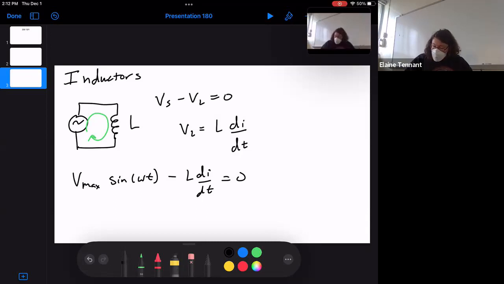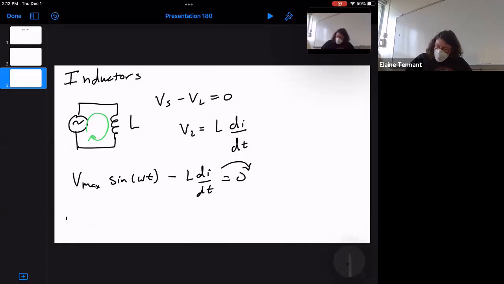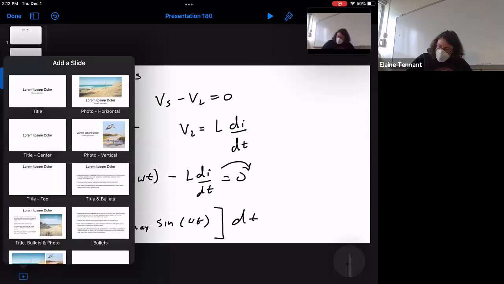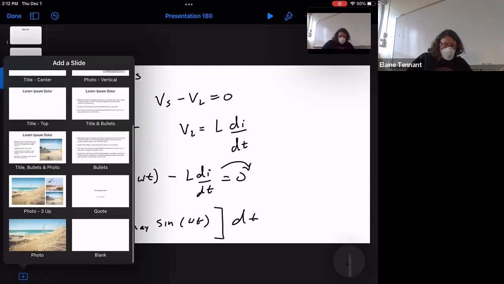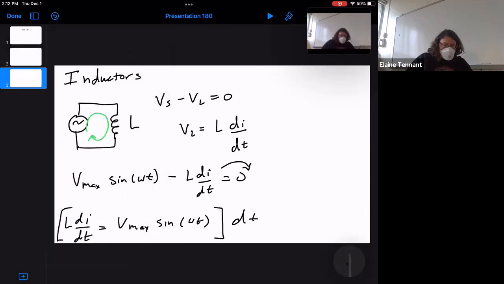So I'll move this whole thing to the other side, and I'll have L di/dt equals Vmax sine omega t. Then I'm going to multiply both sides by dt, which will make sense, I promise. And I'm dividing both sides by L.